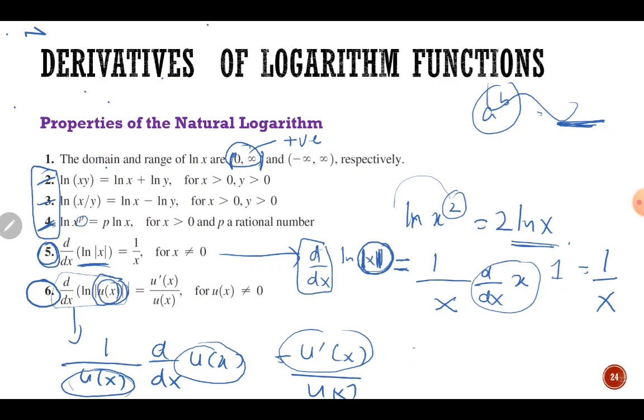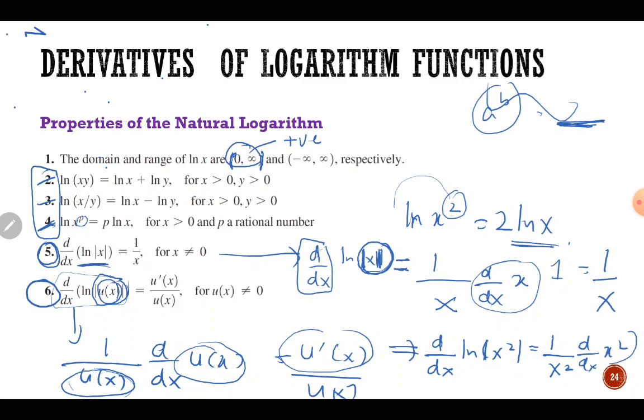Okay, kita katakanlah saya ada satu example ni, which is d dx of ln x square. X square ni sama telah lah memang positif. So dia punya derivative is 1 over x square, and d dx of x square.